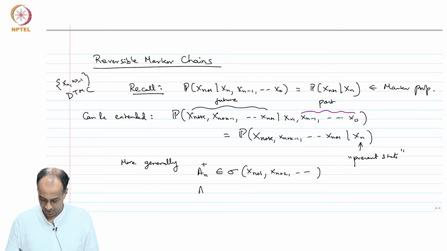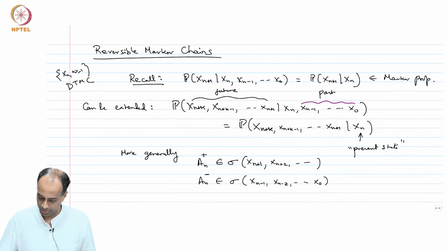And A_n^- is some event determined by the past. More precisely, it is some event in the sigma algebra generated by X_{n-1}, X_{n-2}, ..., X_0.